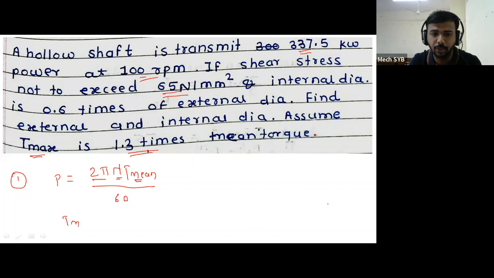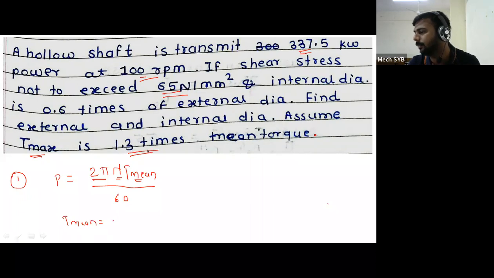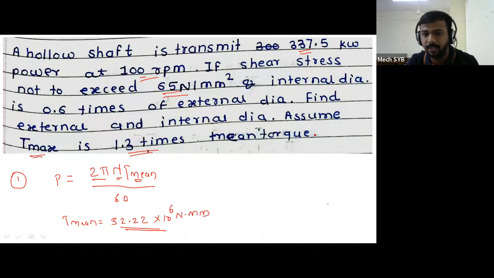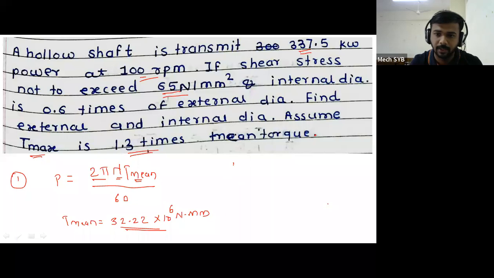Through this calculation you will get the T min value, and I think that T min value is 32.22 into 10 raised to 6 Newton mm. I have given the already converted value in Newton mm.